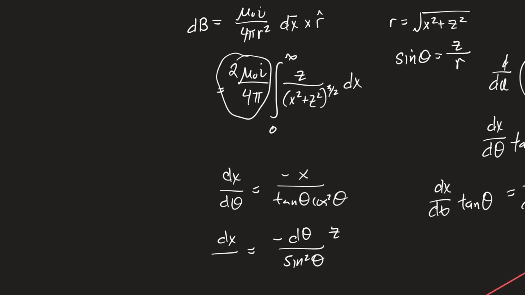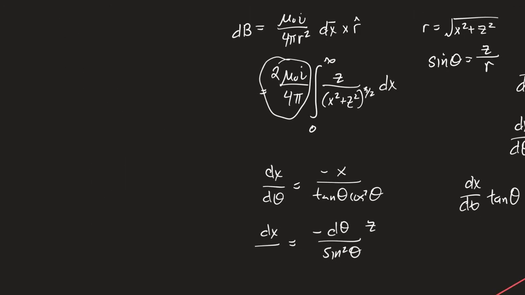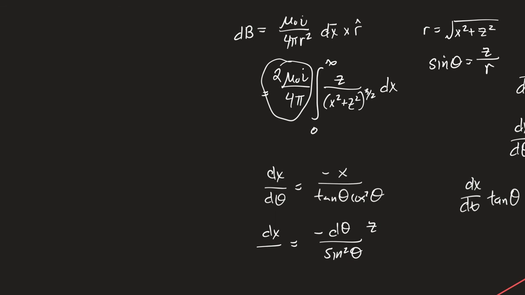There. All right, so I see mu naught I over 4 pi. And we have still three pieces. We have the dx and the sine theta. Oh, and the r squared. So we're going to sub in all of these things.